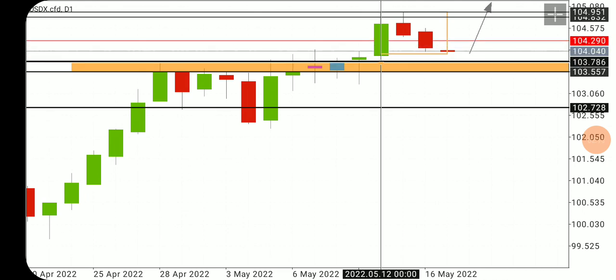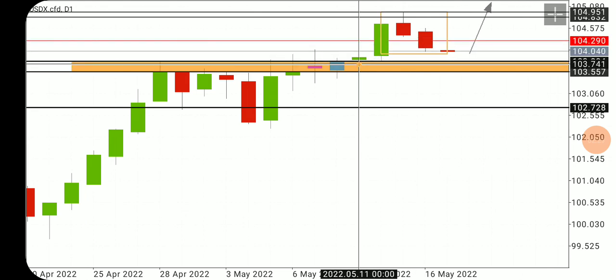Last week Thursday we had a break and close on a daily time frame by this bullish candlestick bar that we have right here, the green one. You see how strong it is? We had a break above our very strong resistance area, this one.